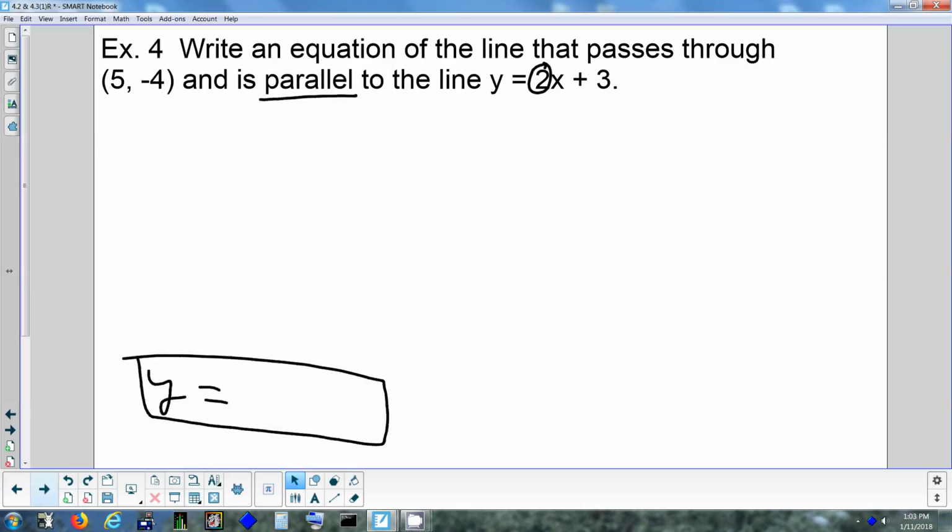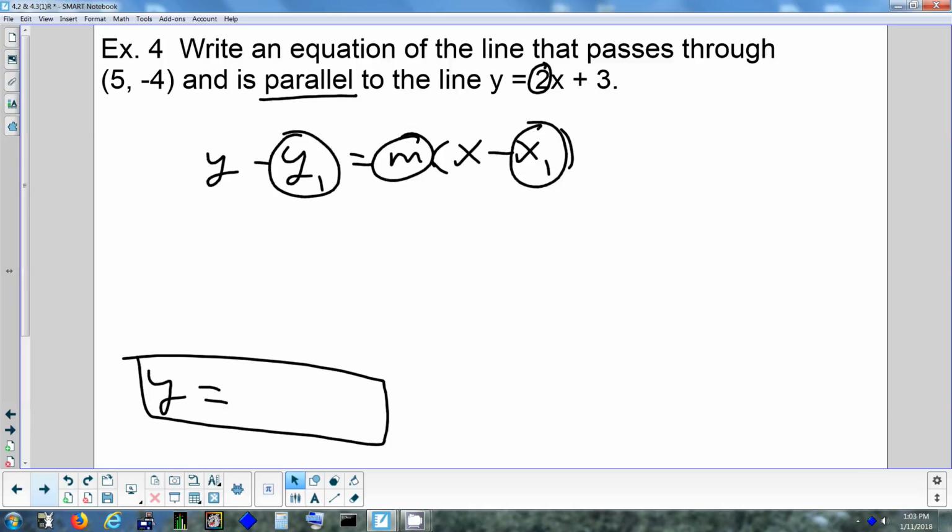So let's start with our formula. When we use point-slope, how many things do we have to fill in for? More than 2. 3. y1, m, x1.